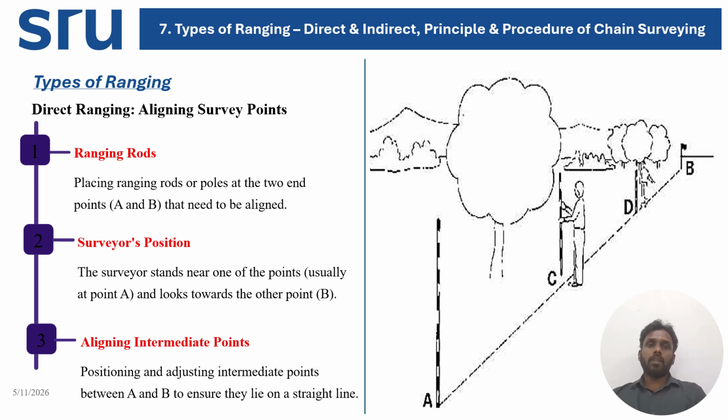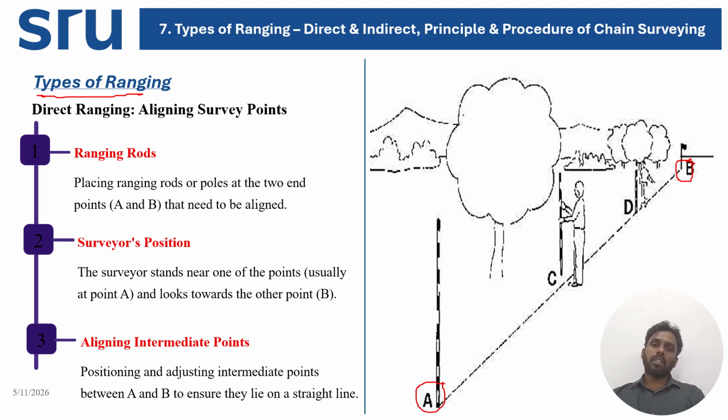Now we are going to see types of ranging. In types of ranging, there are two types: direct and indirect ranging. Direct ranging is aligning survey points. You can clearly see from the diagram this is point A and point B, right?